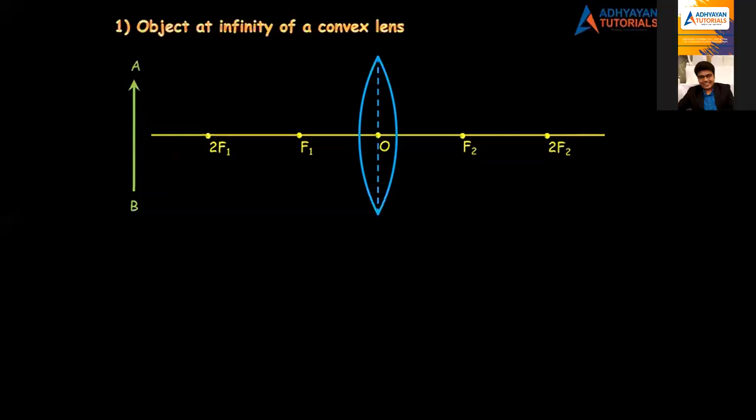Come on, take a scale, take a pencil. Draw the principal axis first, a horizontal, straight, big line. In the middle of the principal axis, mark a point. Name that point as point O. As we know, O stands for optical center.